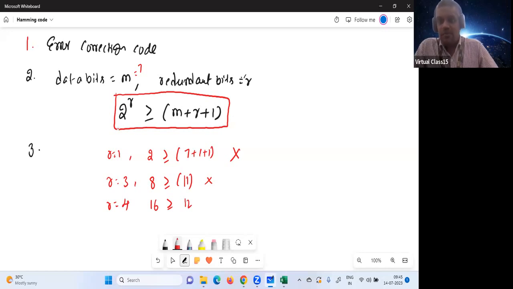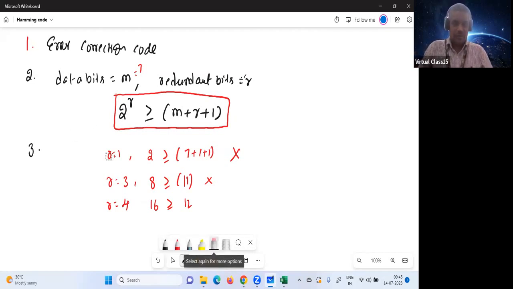That is the minimal r value. So based on this equation, find out the r value by choosing the minimal r value. Now in this example, the r value is 4, right? So now the r value is computed, r value is 4.